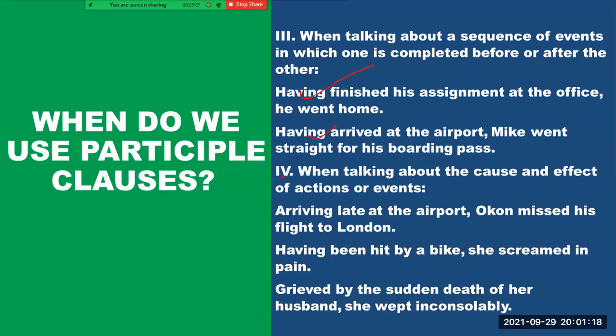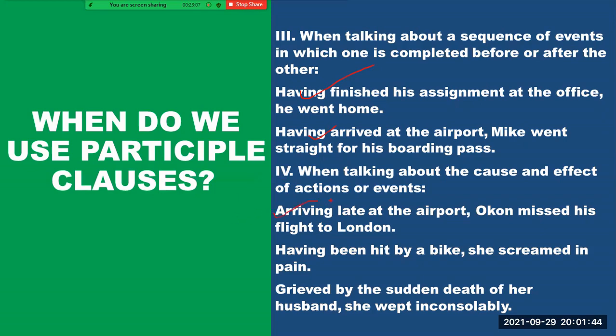Now, the fourth occasion for using participle clauses is when talking about the cause and effect of actions or events. You know, one thing being the cause of another, or one thing being the effect of an action that was caused. Now, let's take a look at this example.